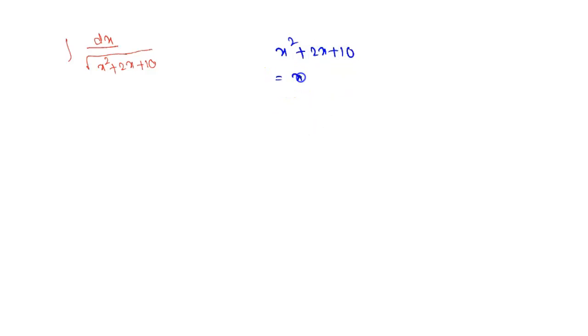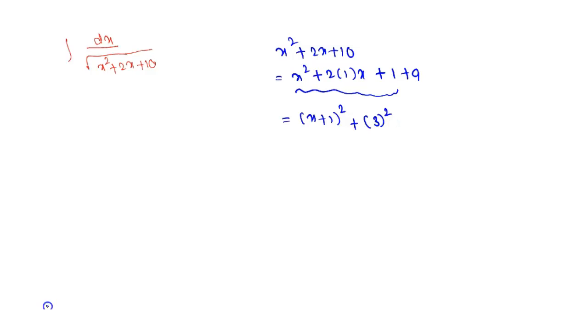This is equal to x square plus 2 into 1 into x plus 1 plus 9. I am splitting like this. So these three terms can be written as a plus b whole square function. So x plus 1 whole square plus this 9 can be written as 3 square, right?